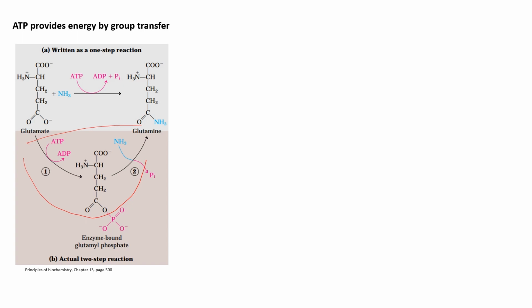Here in the above part, we saw that glutamate reacts with NH3 and finally glutamine is formed with the requirement of ATP. But the reaction is a two-step reaction. What is happening here? The enzyme is glutamine synthetase that converts glutamate into glutamine.